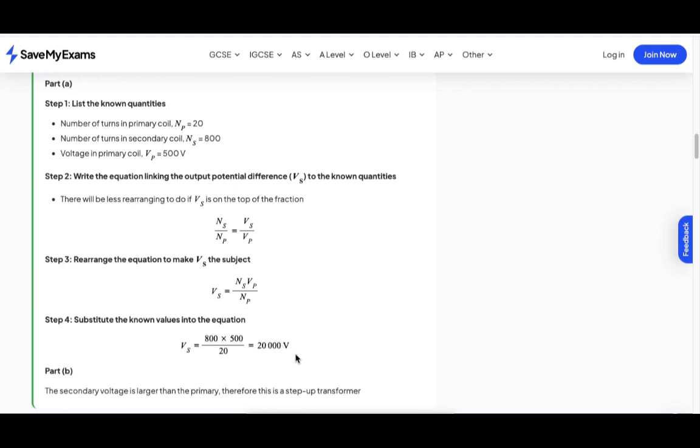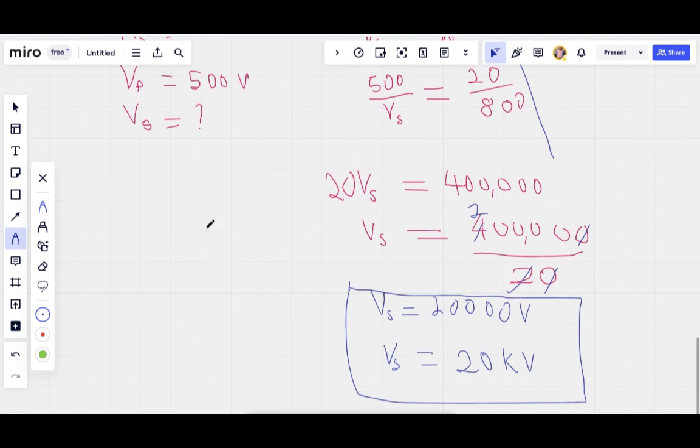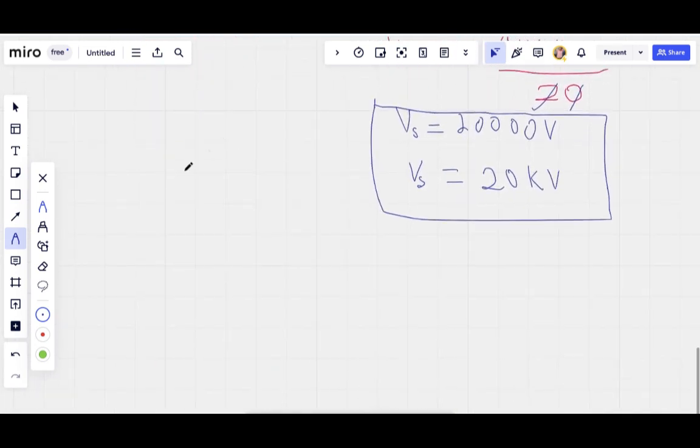Remember, any transformer that increases the potential difference from the primary to the secondary is called a step-up transformer. So this transformer is a step-up transformer.